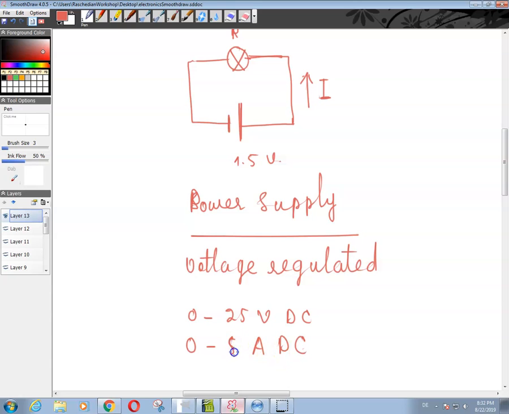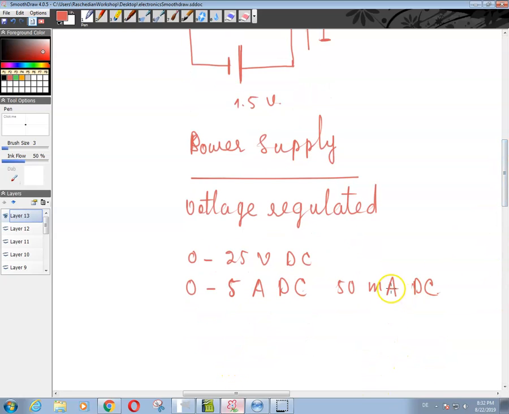What that means is that you can, for example, limit your current to 50 milliamp DC. Then the current that the power supply supplies to the circuit is not going to be more than 50 milliamp DC, and that way you can protect your circuit against burning or frying something.